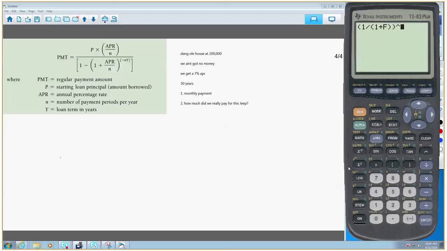That's going to be 12 times 30, right? 360? Yes. Well, 360 because I turned it into a fraction. But it'd be the same number. Then 1 minus that number. Store that. Alpha D.